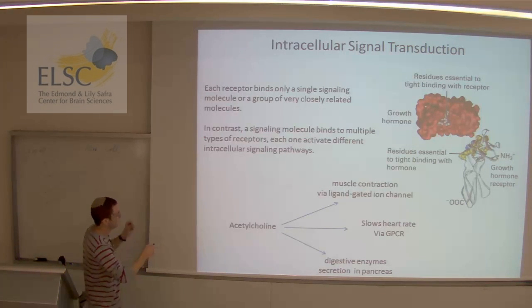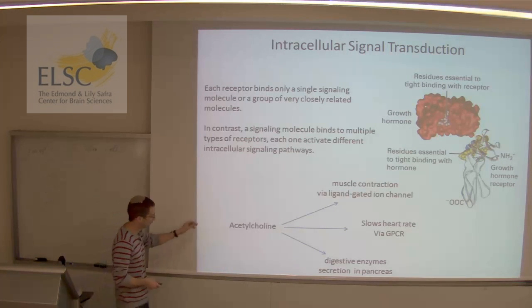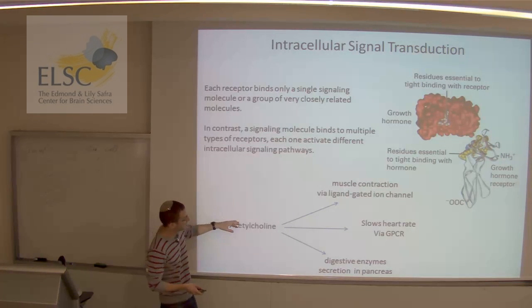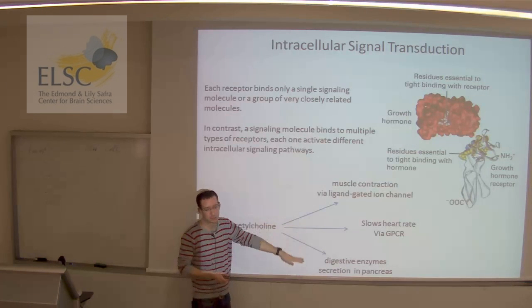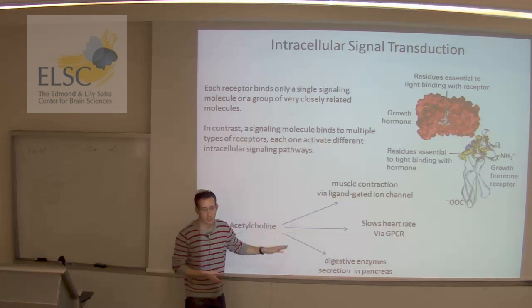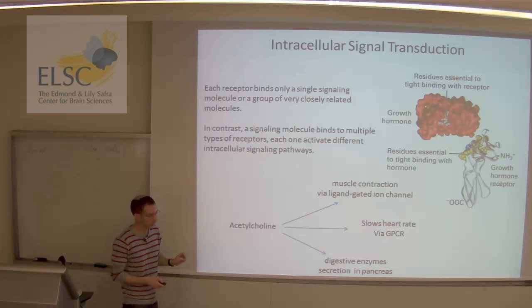And the second principle, which is again sort of a principle of divergence, is manifested, for instance, in the example of acetylcholine. This signaling molecule is a specific signaling molecule, and it can act on several tissues in our body through several different receptors, and each time induce a different effect.